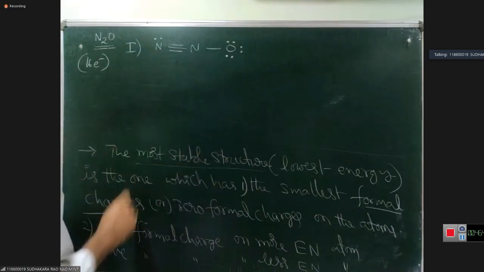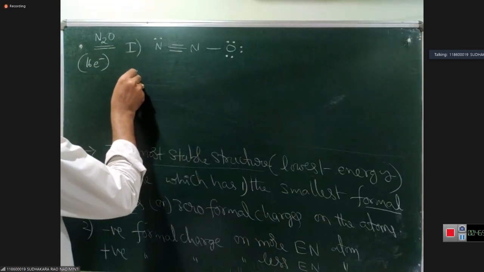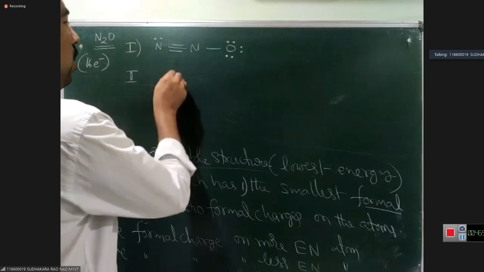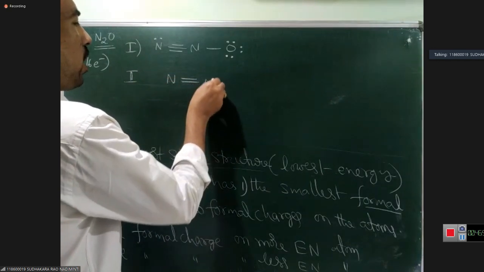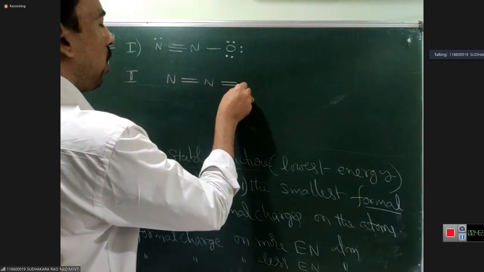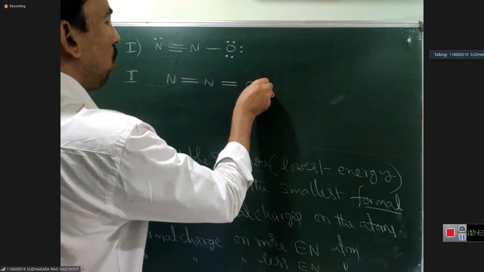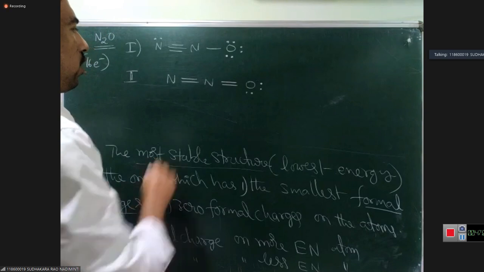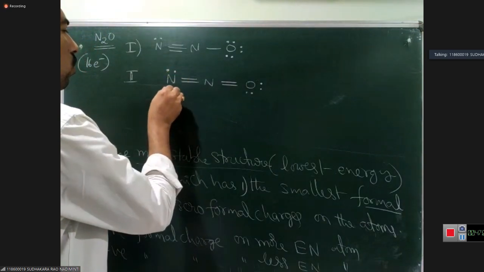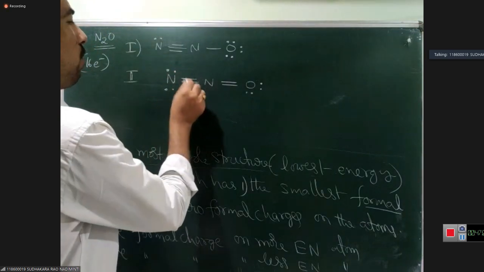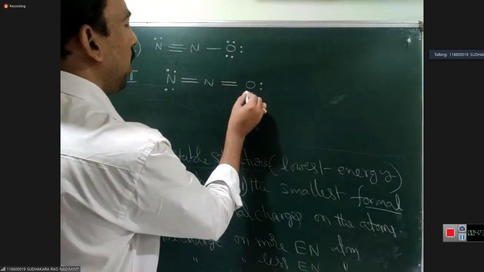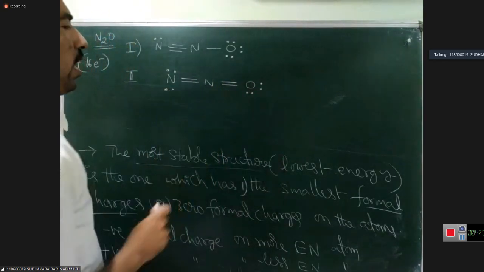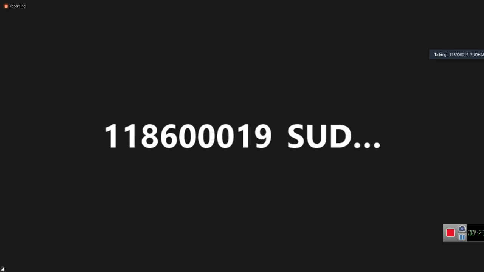The next way is a double bond between N and a double bond to O, with lone pairs. This one contains two lone pairs: 8 twos are 16. This is another way of writing the Lewis dot structure.